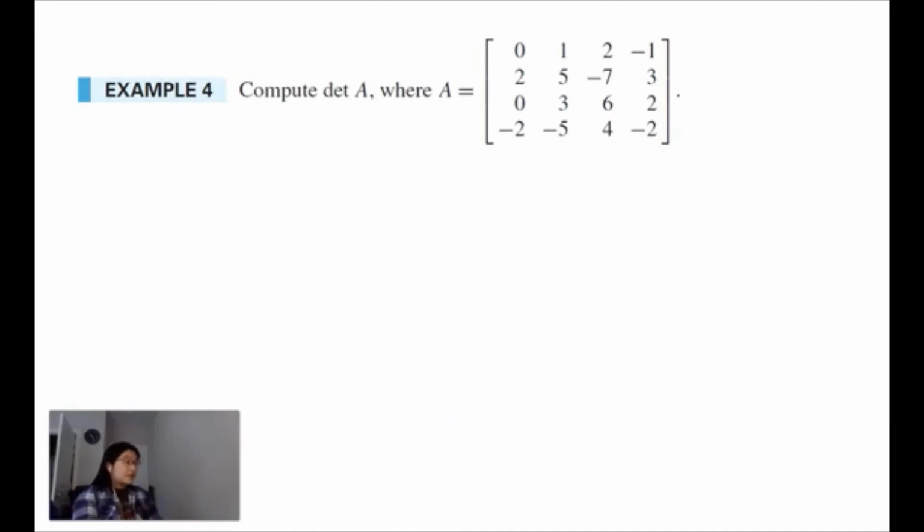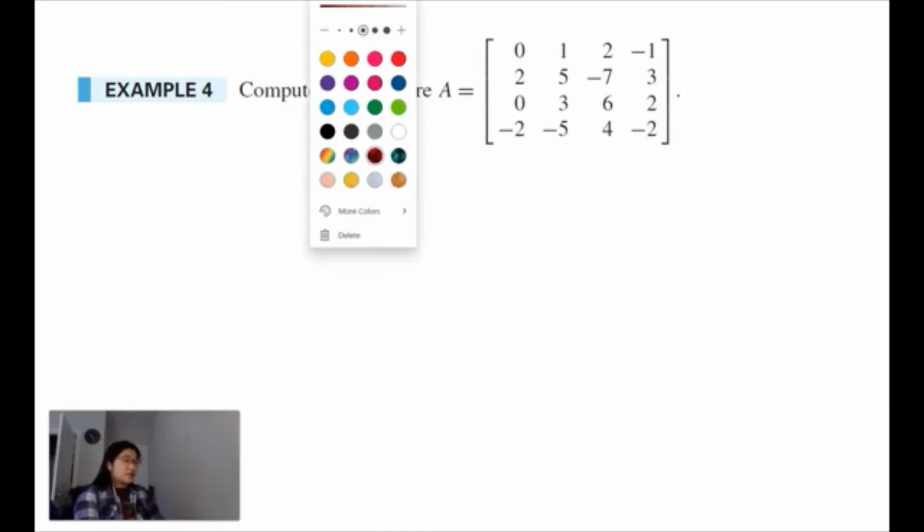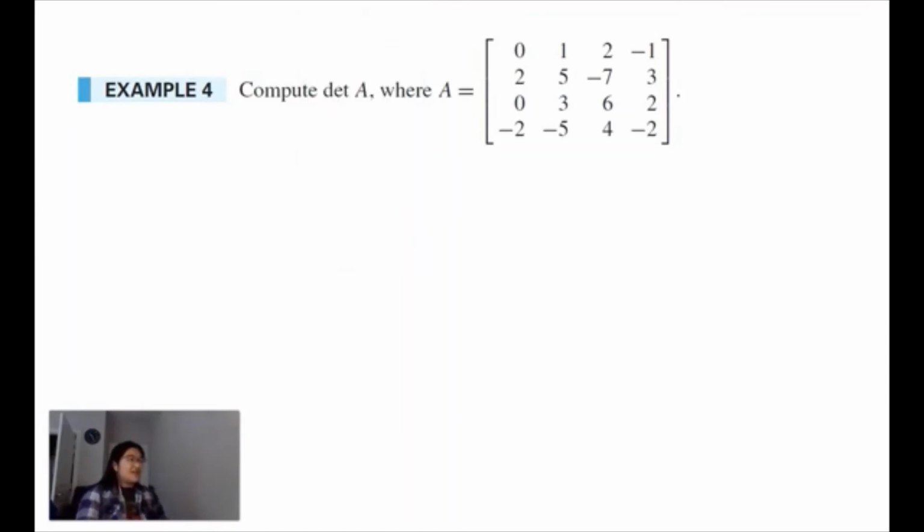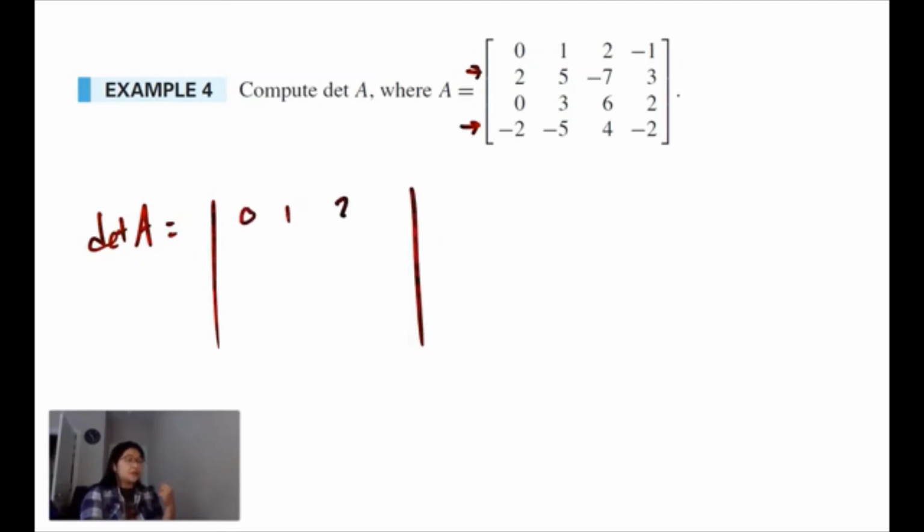Alright, so for this example, what do we need to do? Well, we can probably just get rid of that last row, right? So then we have the determinant of A equals the determinant here of 0, 1, 2, -1, 2, 5, -7, 3, and 0. Oh, 0, lovely.